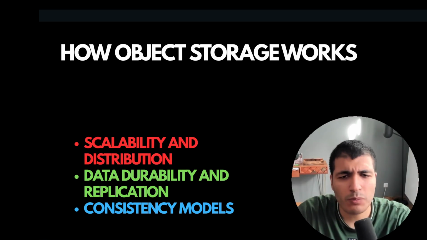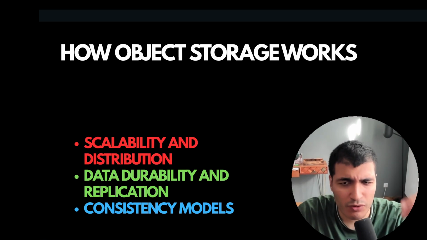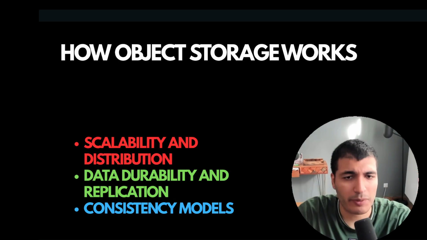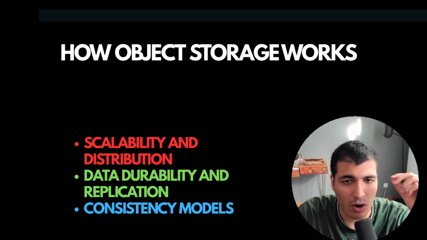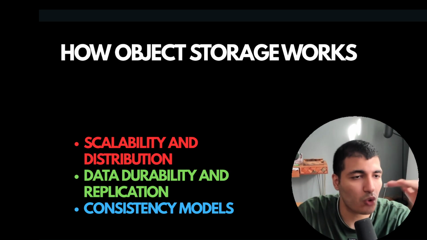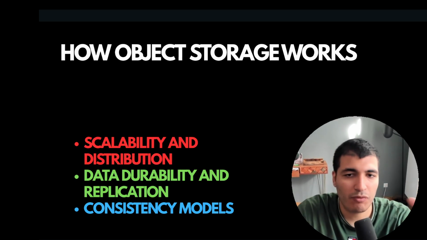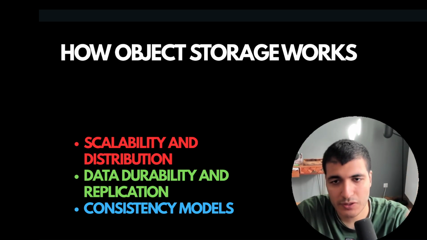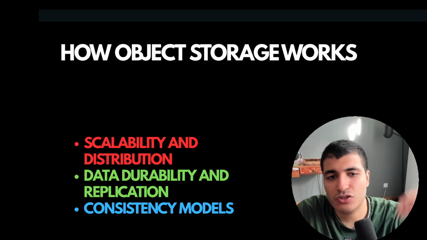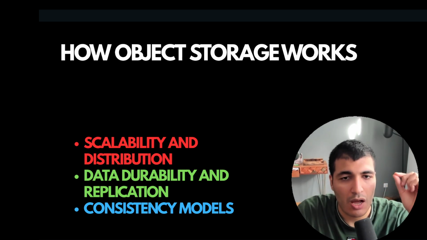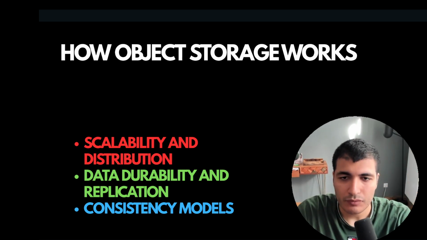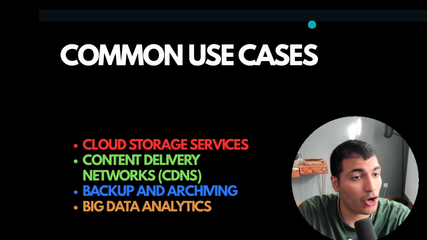However, some object storage systems also offer strong consistency options for applications that absolutely require immediate consistency across all replicas. This can sometimes come with a slight performance impact, but ensures that every read operation returns the most up to date data.